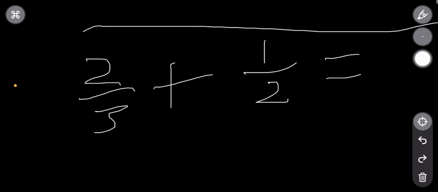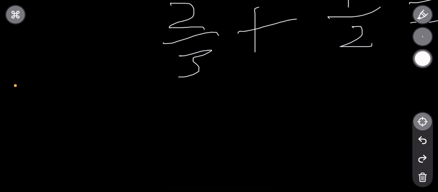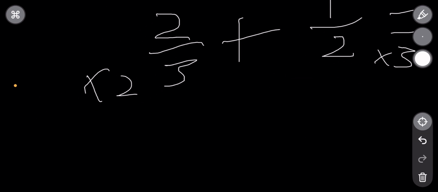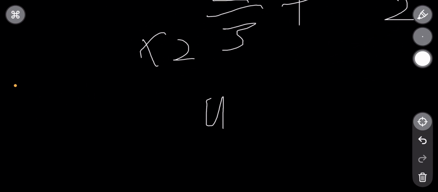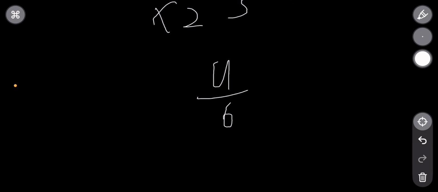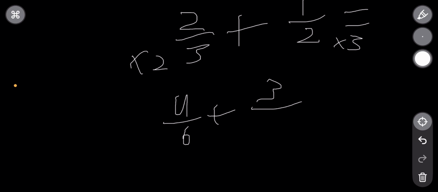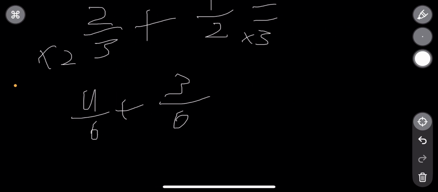How would we do that? Well, times this side by 2, times this side by 3. Okay? That'll be 4 over 6 plus 3 over 6. Now, we can cancel out these 6's because that's the same.